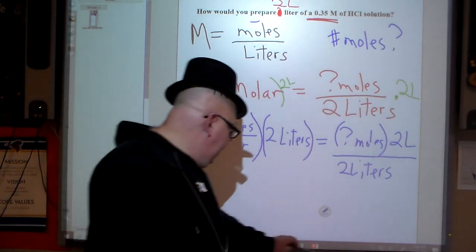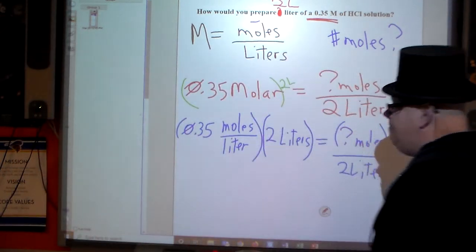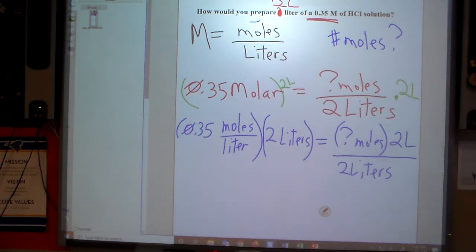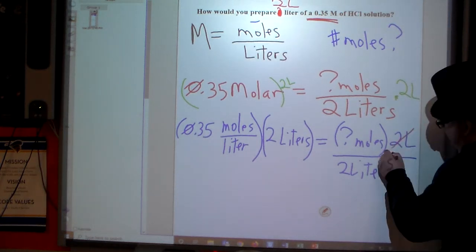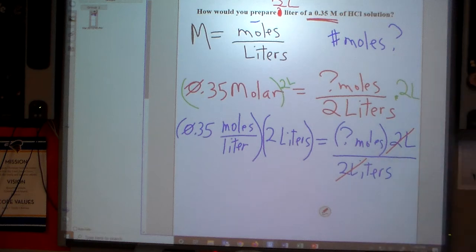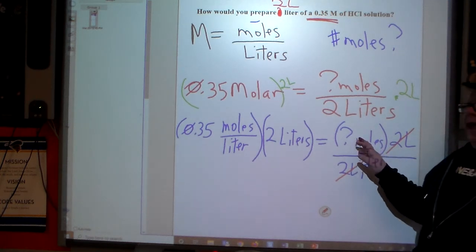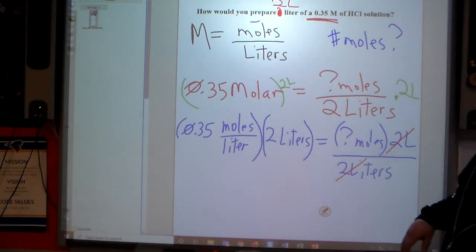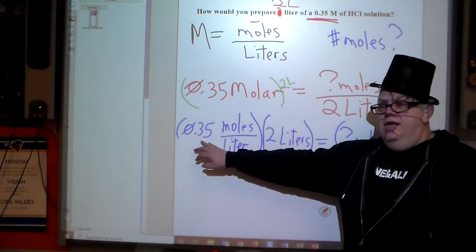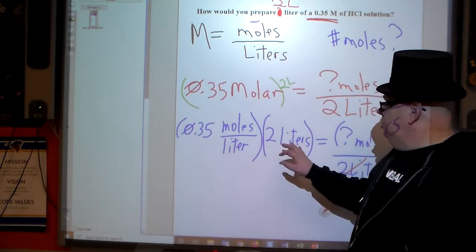In other words, I'm showing you where the multiplication is coming from. Okay? And the basic thing in math, always remember, anything over itself is 1. This goes away, this goes away. So now I'm left with X number of moles. I have 0.35 moles per liter times 2 liters.